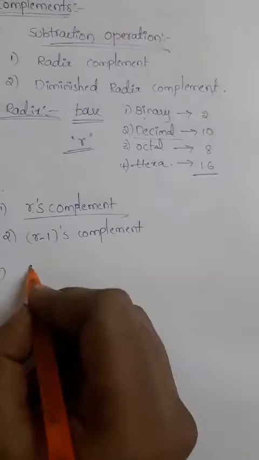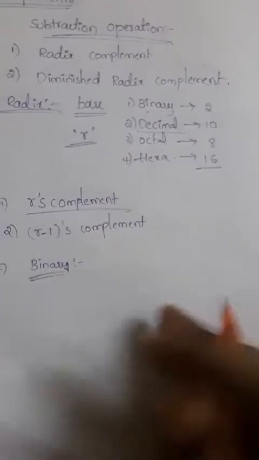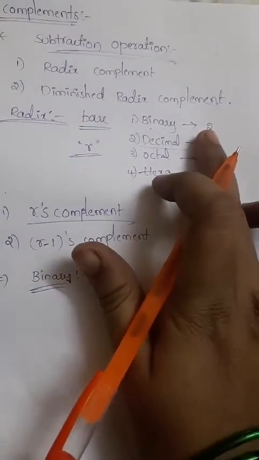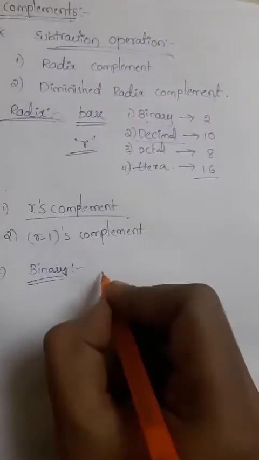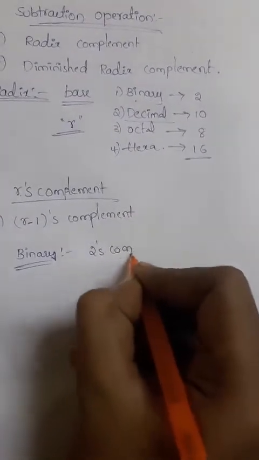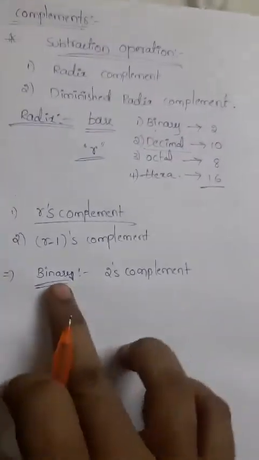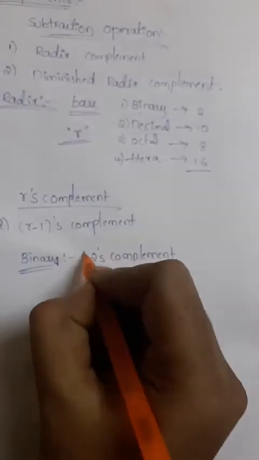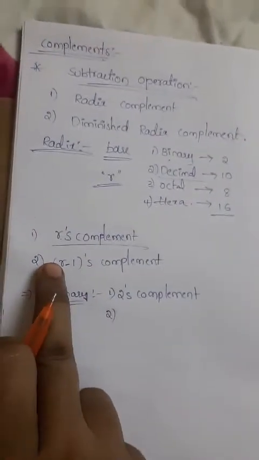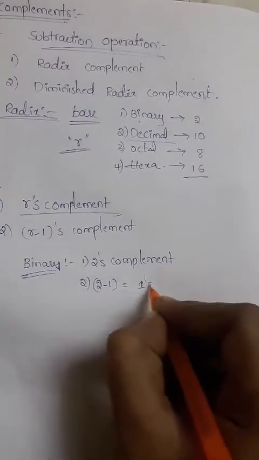For binary, the base is 2, so that 2 is placed in the r place, and we get 2's complement for the radix complement. This is the first method. And for binary, the diminished radix complement: in the place of r we replace 2, so 2 minus 1 gives us 1's complement.